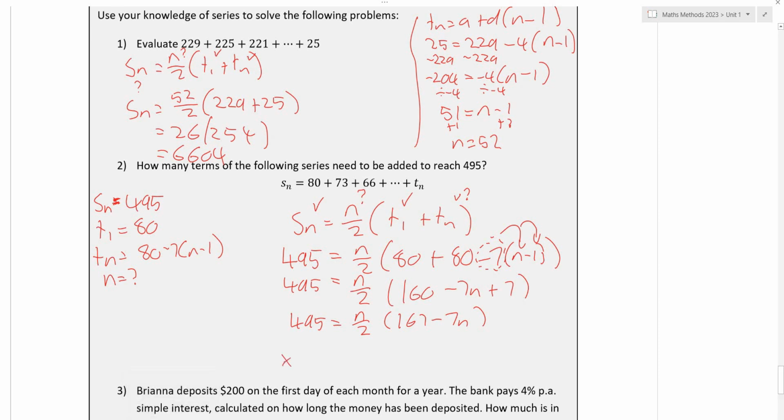So my equation 1 is 495. So I'm just going to put a note here. Use G-Calc, graphics calculator solver. EQ1 equals 495 and EQ2 equals x on 2 bracket 167 minus 7x close bracket.